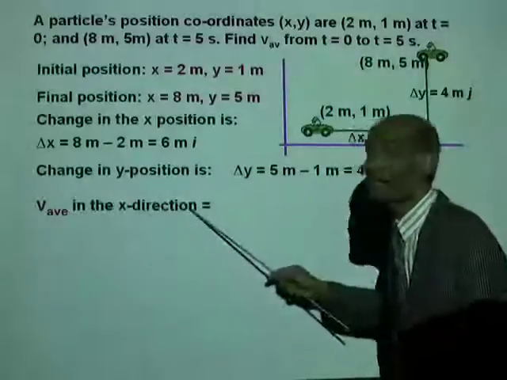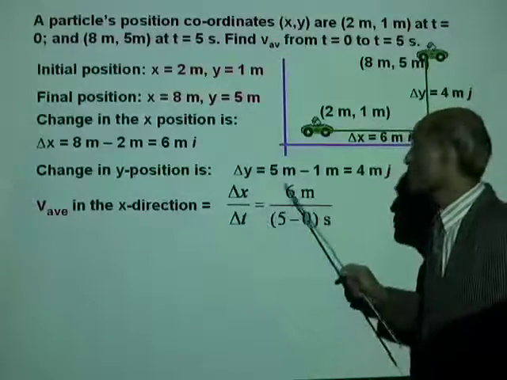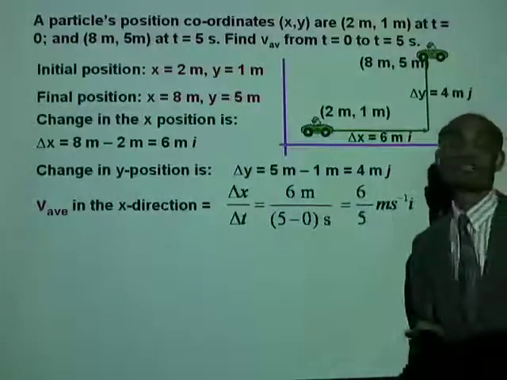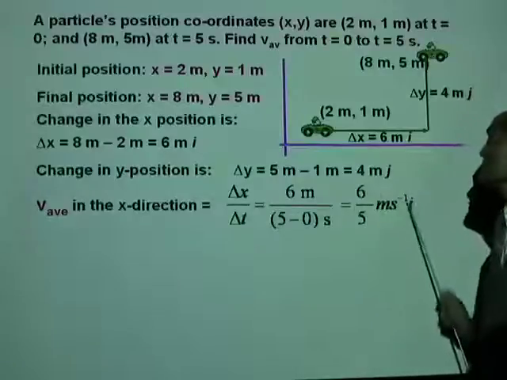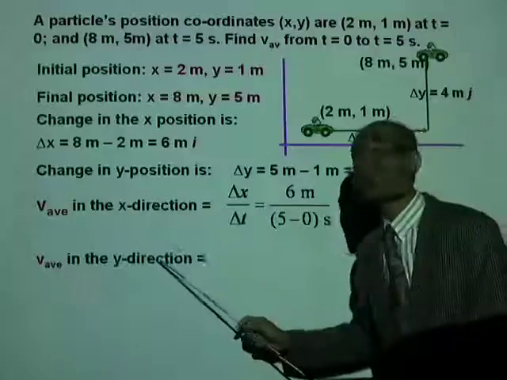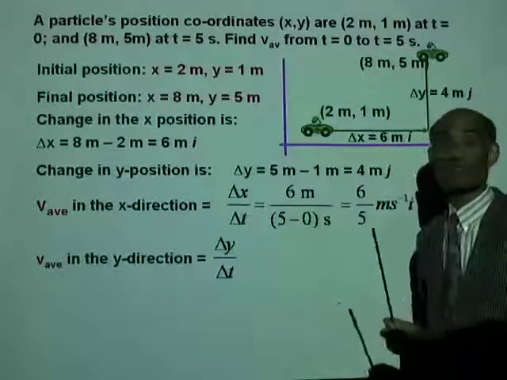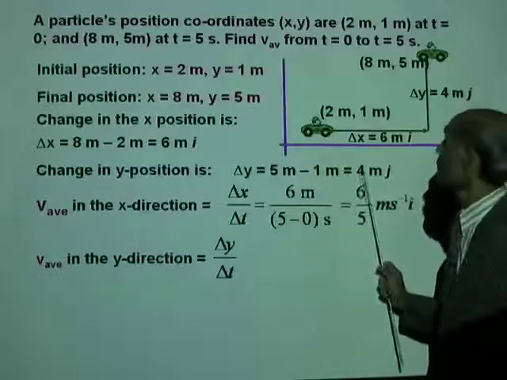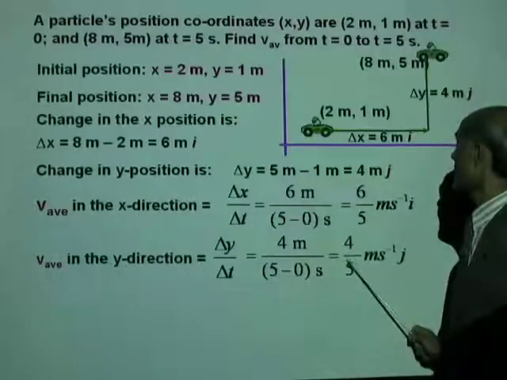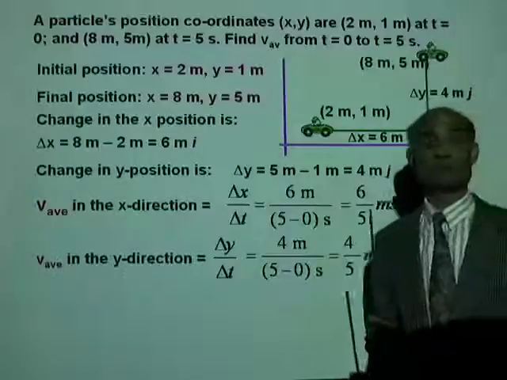V average in the x direction is delta x over delta t, which is 6 meter divided by 5 seconds, which is 6 over 5 meter per second i. And V average in the y direction is delta y divided by delta t, and that will be 4 meter divided by 5 seconds, that is 4 over 5 meter per second j.